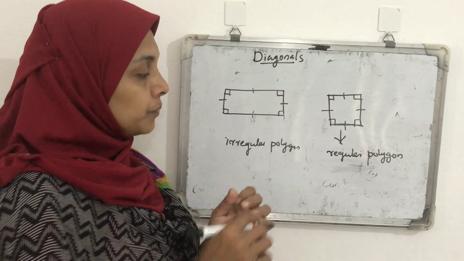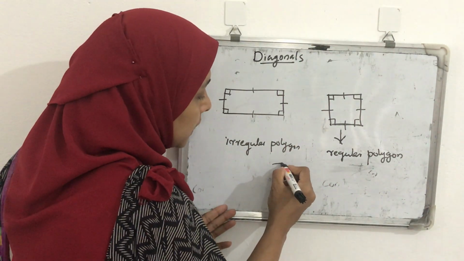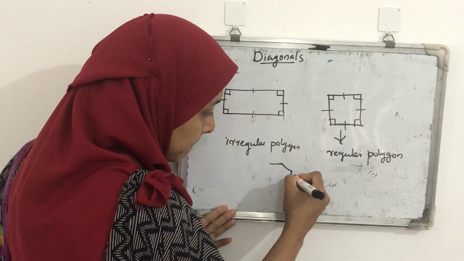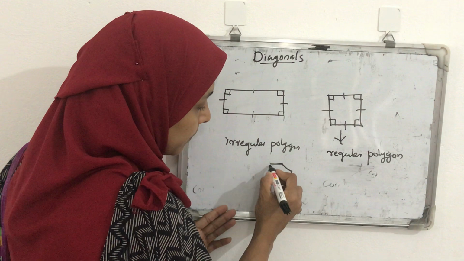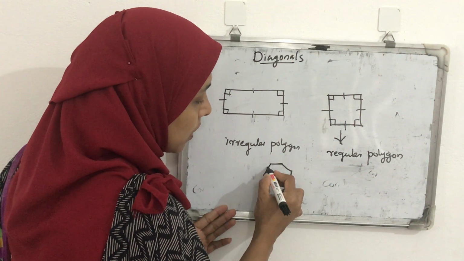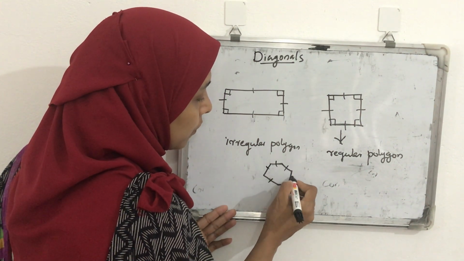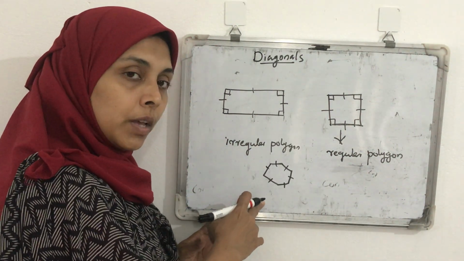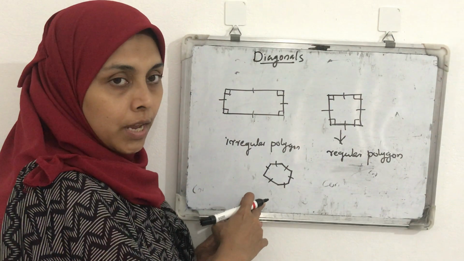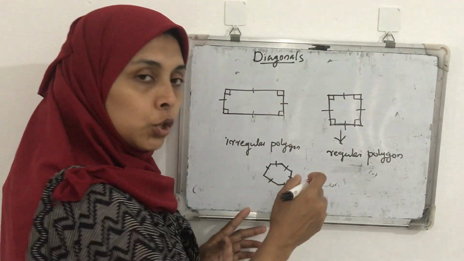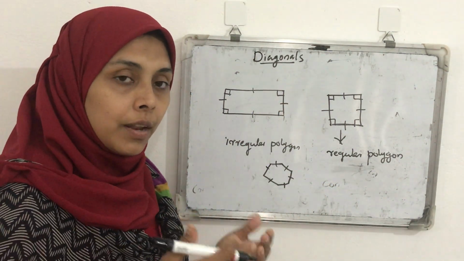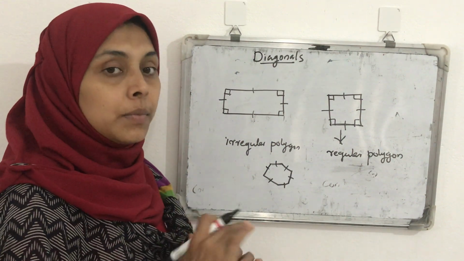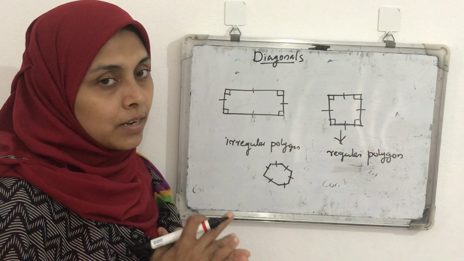Now in the case of hexagons, regular hexagon, if 6 sides are equal, 1, 2, 3, 4, 5, 6, if these 6 sides are equal, then we can call them regular hexagon. Okay. And if the 5 sides of a pentagon are equal, we can call them regular pentagon. Regular means same sides and same angles.